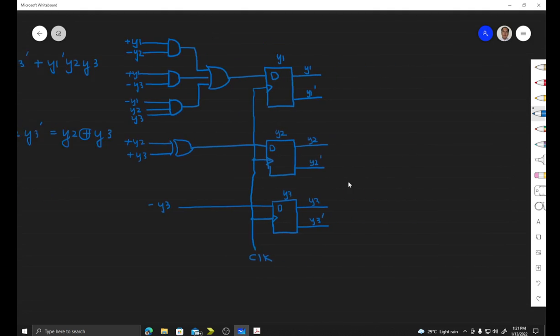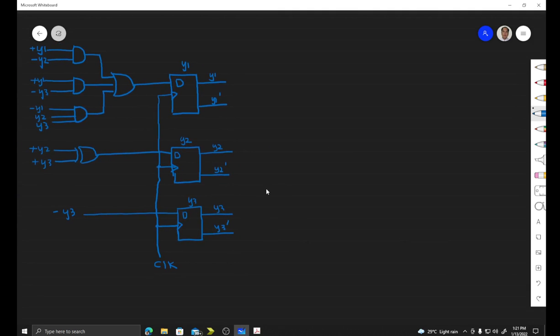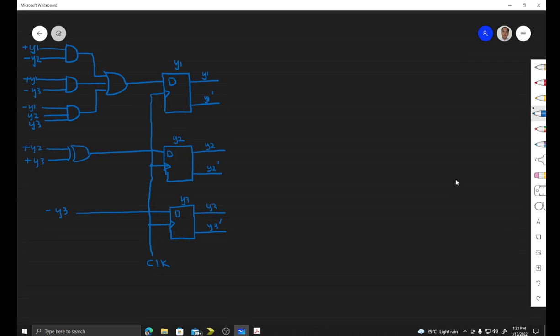Let's make use of structural modeling for this one. So we'll name it module mod 8 underscore counter. So we have our input clock.